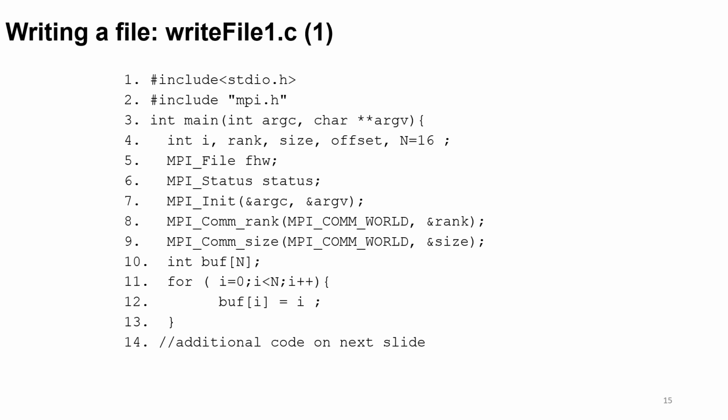And then we have the MPI_Init call for initializing the MPI environment. We have calls to MPI rank and size. And then at line number 10, we declare a buffer of type integer and length n. In the for loop that runs from line 11 to 13, we are initializing this buffer to the value of the variable i, which is the loop variable.